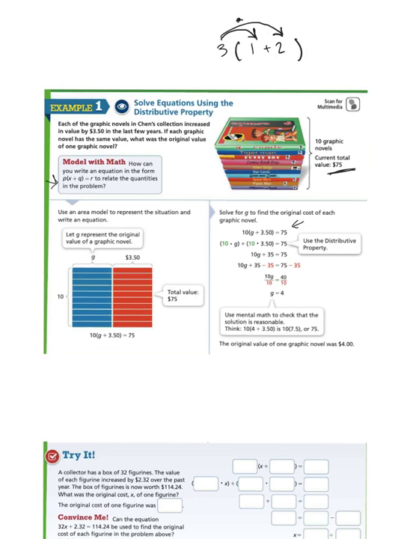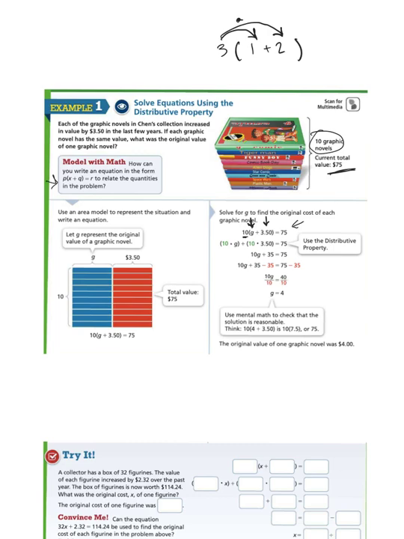Okay. The other thing you know is that you have 10 of these books. Outside of the parentheses, they put the 10. Now, we don't know what the value of each book is offhand, but we know that each book went up, so we're going to add $3.50 to whatever that original value was.